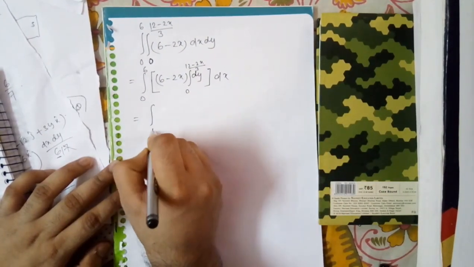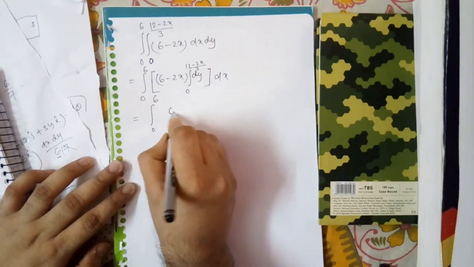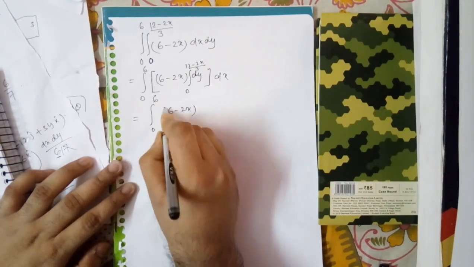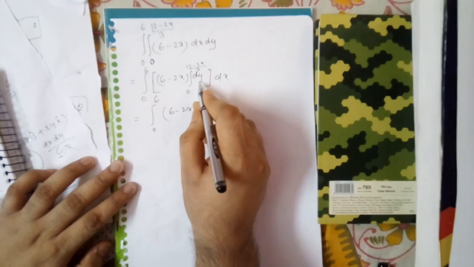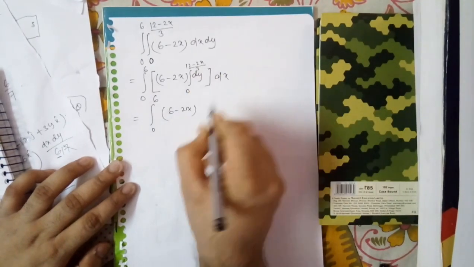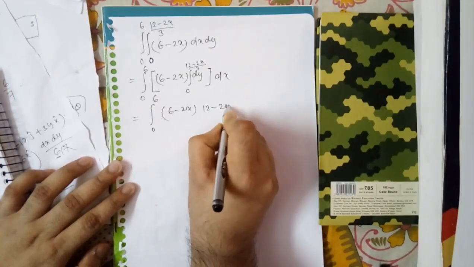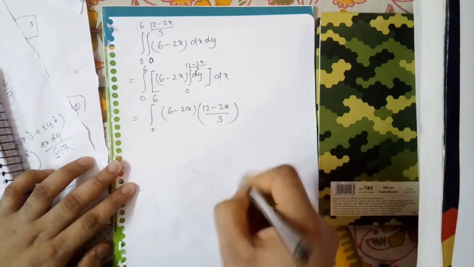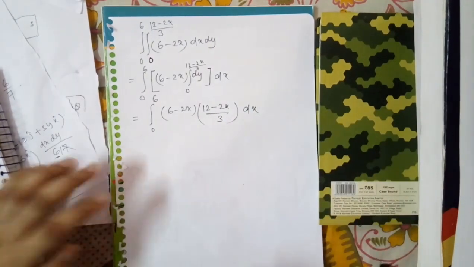So this simply becomes 6 minus 2x. The integral of dy is simply y, so we put this value as 12 minus 2x by 3, dx.